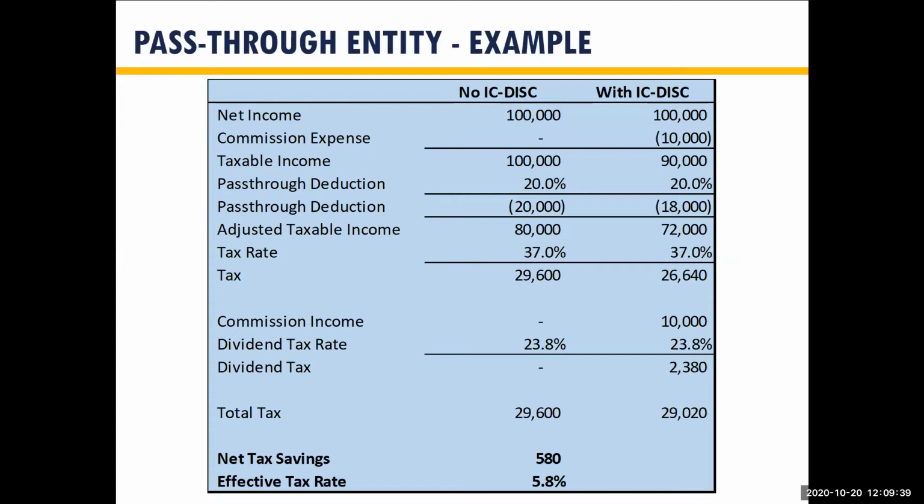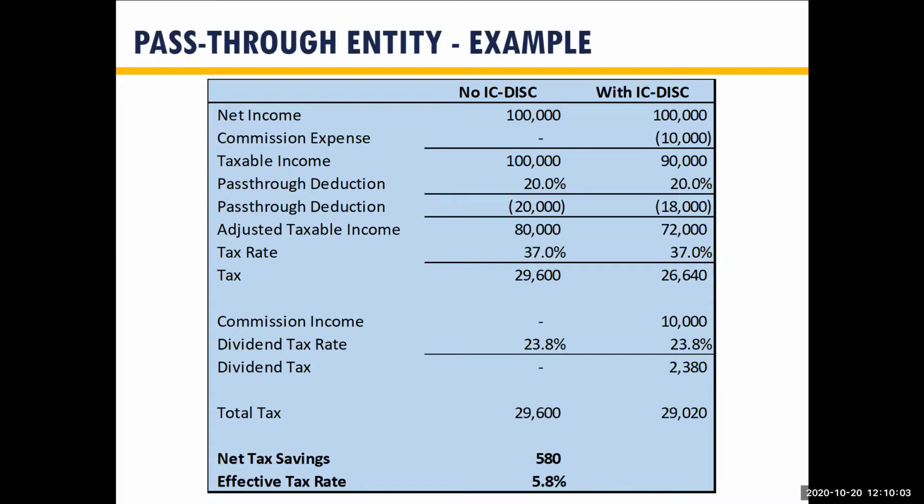Now let's see what happens when we add an IC-DISC into the structure. So we go to the right column. For this example, we'll assume our IC-DISC commission is $10,000. That reduces our net income now to $90,000. We take our 20% pass-through deduction off of that to get adjusted taxable income of $72,000.